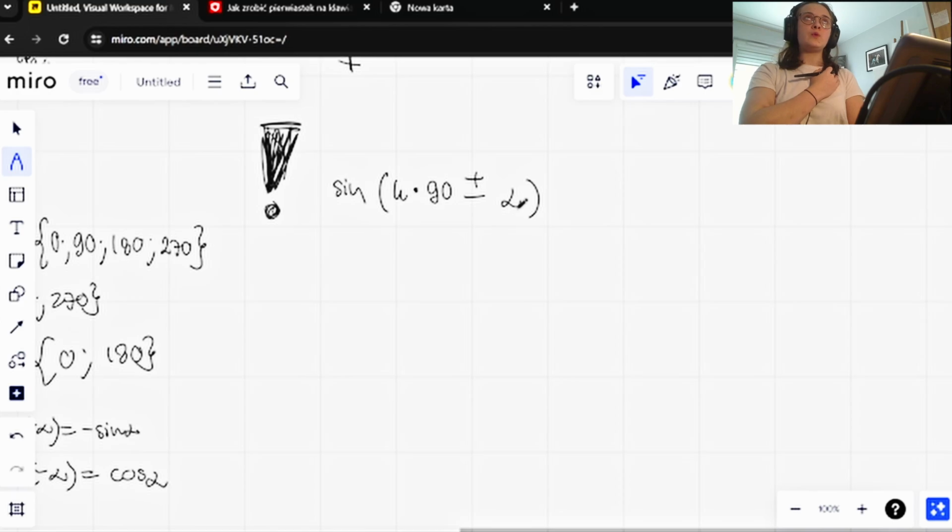Okay, we do not have tables from, let's say, 0 to 360, or maybe we do, I'm not sure, but I've never seen one. Here is where this formula goes in.